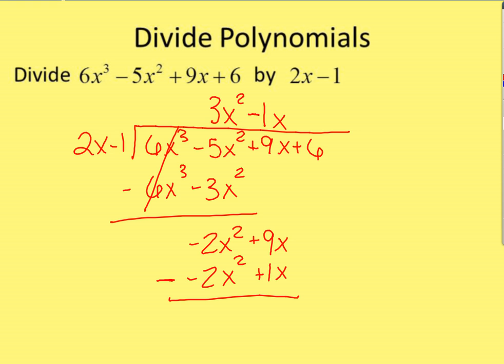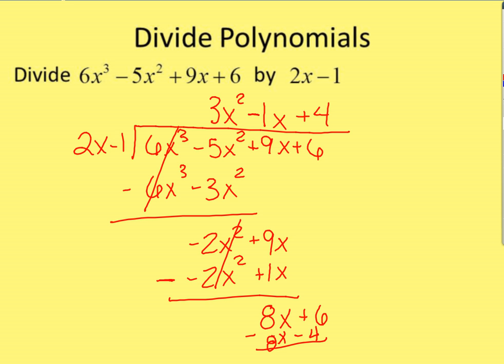We are subtracting down. Negative 2x minus negative 2x will cancel. And 9x minus 1x will give us 8x. Again, bring that 6 straight down. Now what do you need to multiply 2x by to make it 8x? We would need to multiply it by 4. 4 times 2x gives us 8x. 4 times negative 1 gives us negative 4.